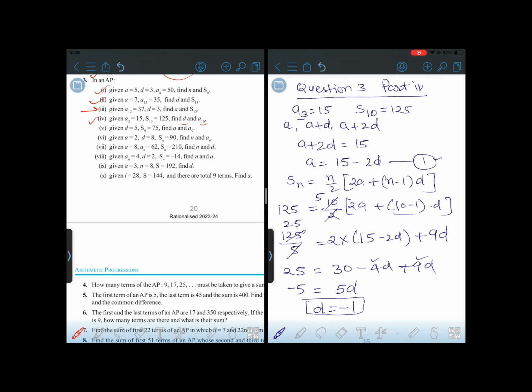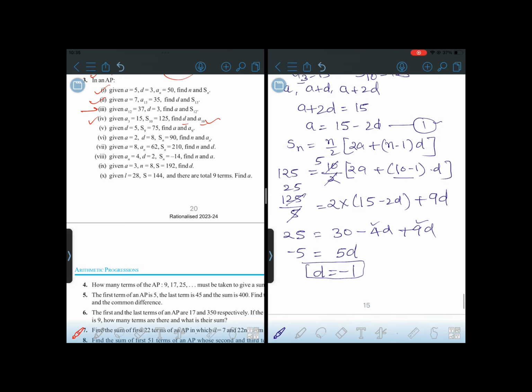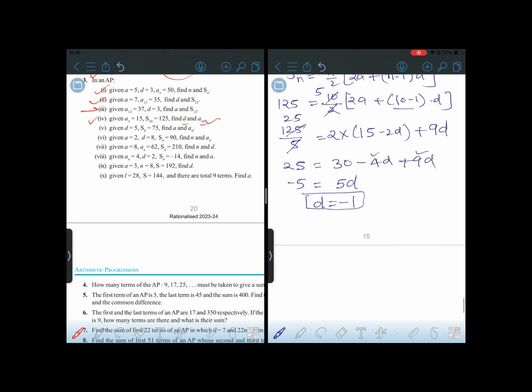Then next is to find the tenth term, right? So you can put the formula. T of 10 is equal to A plus (n minus 1) into D. Now, because we got D, we can also find out the value of A from equation 1.